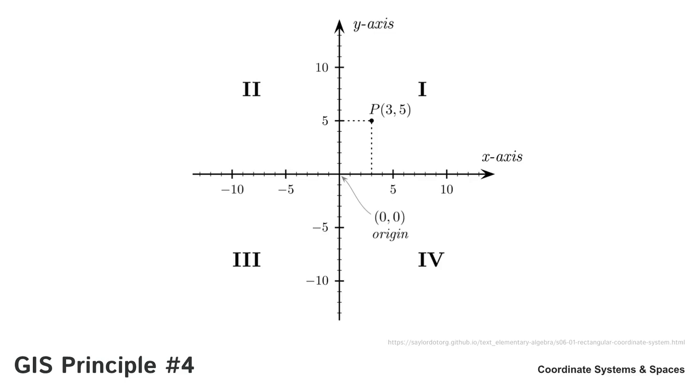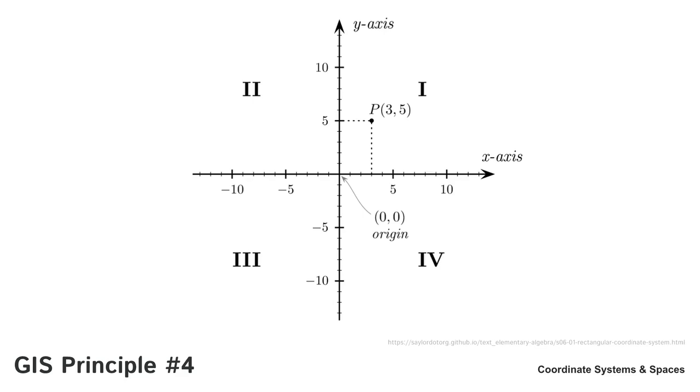The next concept, and the final concept, is coordinate systems and spaces. When we're working in a GIS, we usually use what's called a coordinate system that has reference to the Earth. A classic one, probably the most dominant, is latitude and longitude, or a geodetic coordinate system using latitude and longitude.